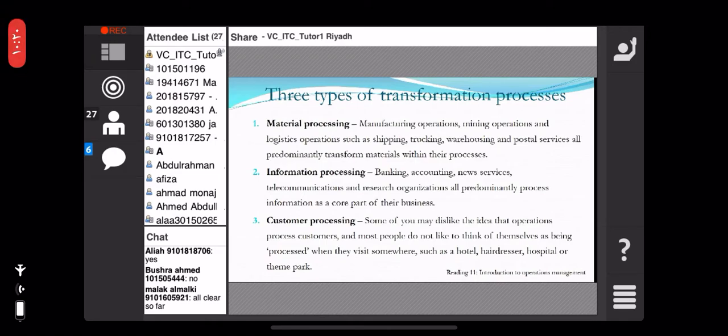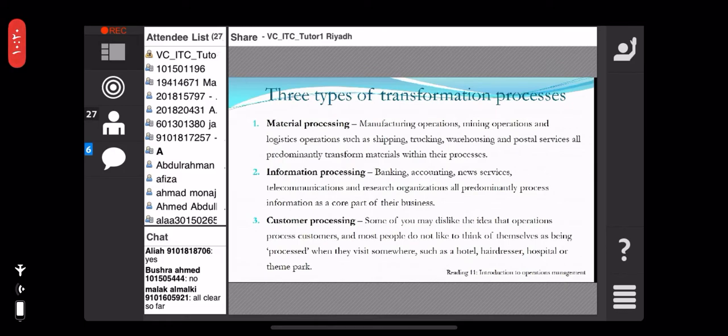So logistics operations such as shipping, trucking, warehousing, and postal services all predominantly transform materials within their process. So this is material processing, how they are processing the material.